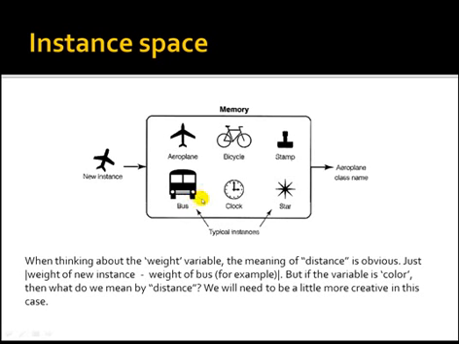So we'll have to be a little bit more creative in this case to get at something that's useful in talking about the distance. What does it mean to be close when we're talking about color? So it really depends on how you're using this.